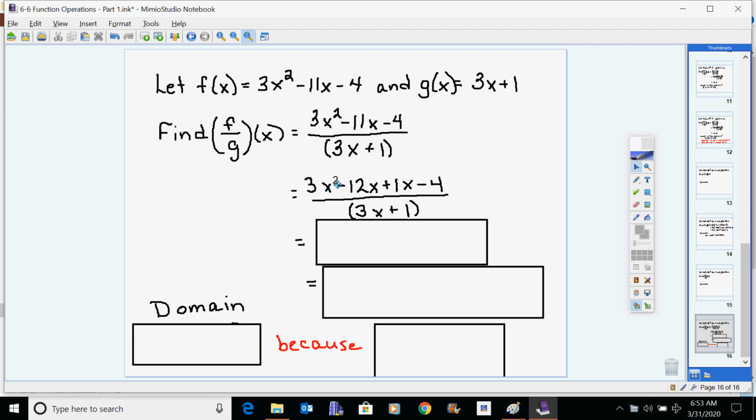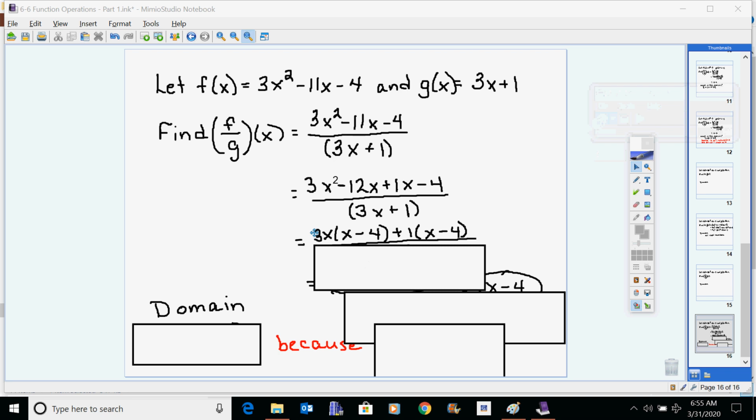So I've got my 3x squared minus 12x. We need to factor out a 3x here because that's in common. And there's nothing in common here except for a 1, but we factor that out as well. So 3x times x is 3x squared. 3x times negative 4 is negative 12x.